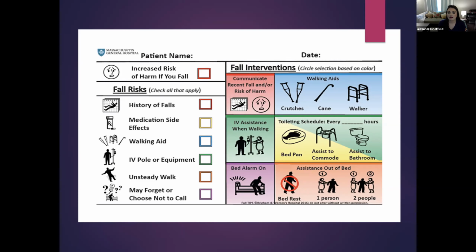And you can see what kind of walking aids they use, how they go to the bathroom, and a specific time frame for that specific patient, which is so important. And with the bed alarm and the assistance out of bed, how many people need to assist this patient? So instead of having to go back to the chart or ask someone, you can fill this out, and it's a good way to have that information readily available.